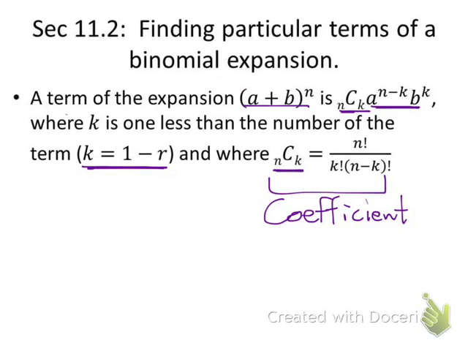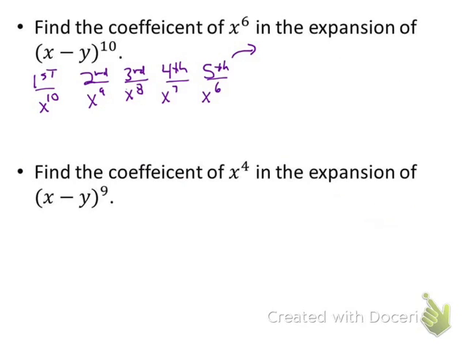Now, what we said back here is k is 1 less than the number of the term. So if it's the 5th term, k isn't 1 less, it's 4. Now we need to look at what n would be, because remember we're looking for that combination.